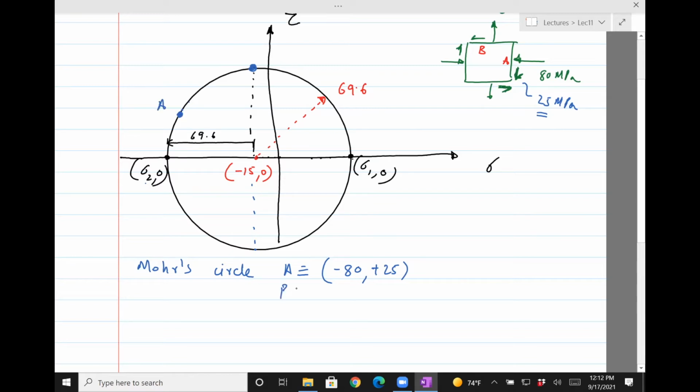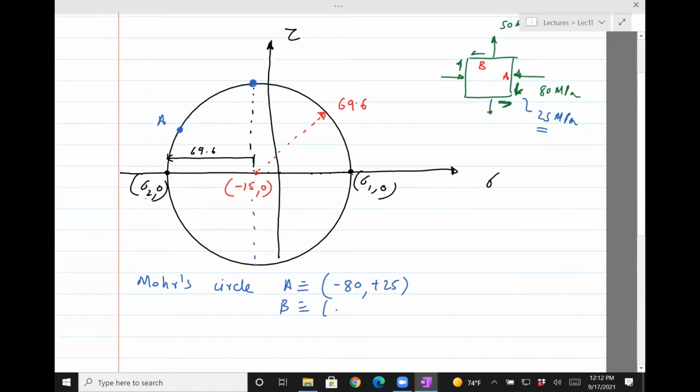So then we can look at B, which is this thing on top, the surface on top. So stress on B is 50. And then the shear stress is, as you can see, counterclockwise on face B. So counterclockwise for the cube is positive, but when we show it in the Mohr circle, it's going to be negative.